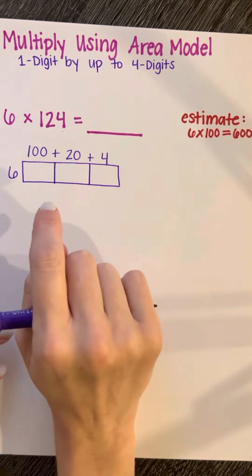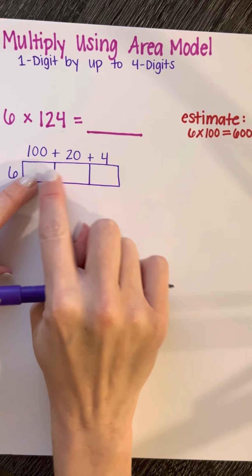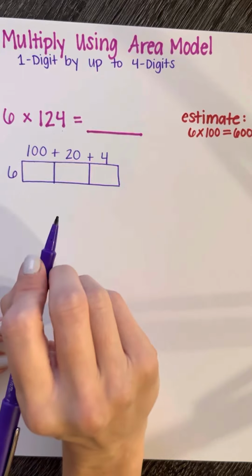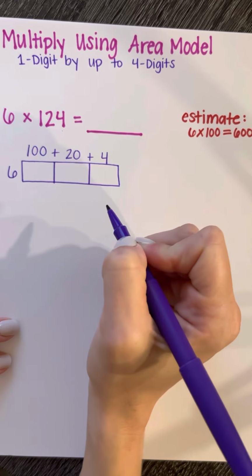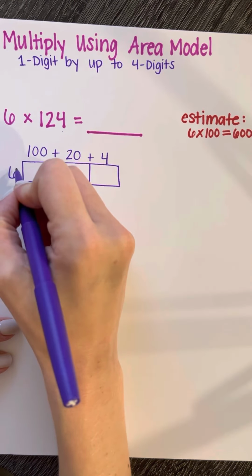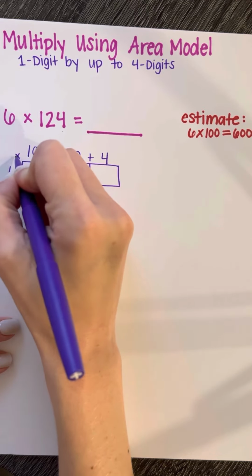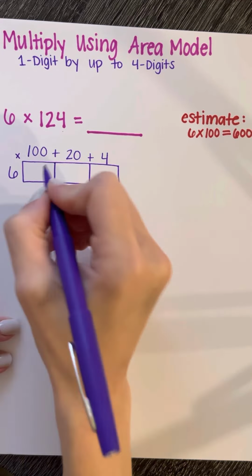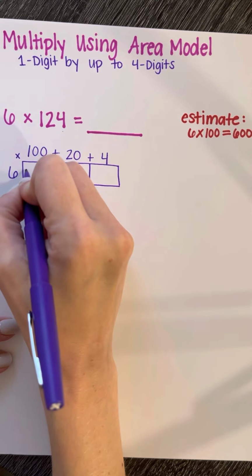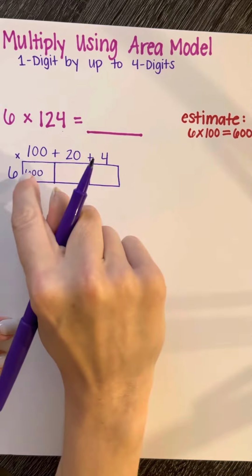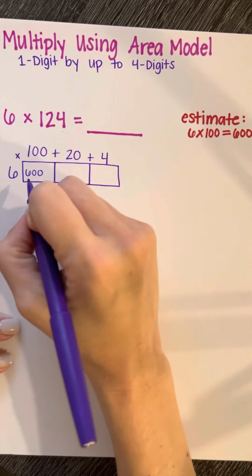The next step is filling in each of these boxes with partial products. We get those products by multiplying our 6 by each one of these values. So we're going to do 6 times 100 first, and that will get us 600. And we can go ahead and fill that right in the square.